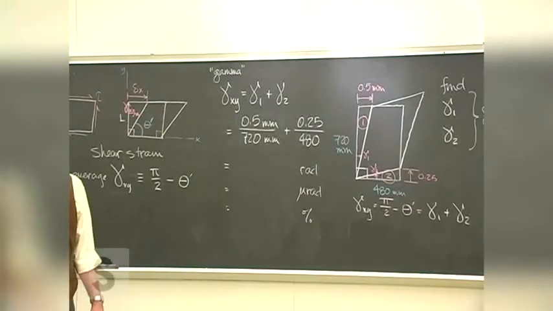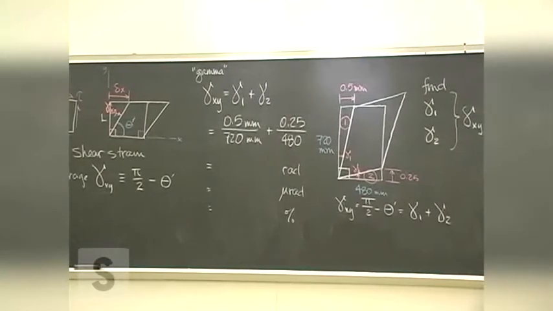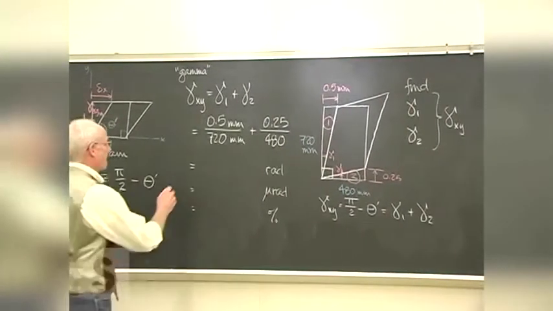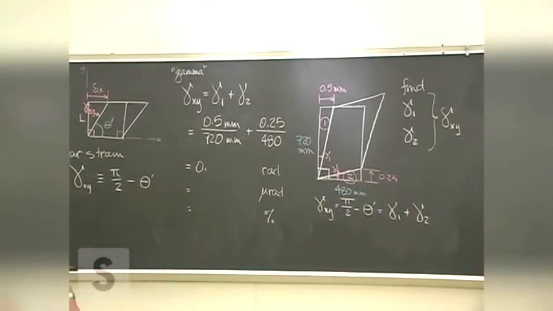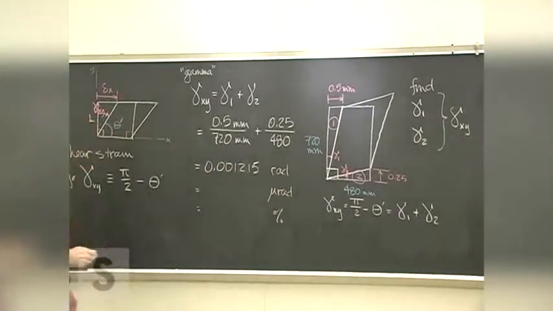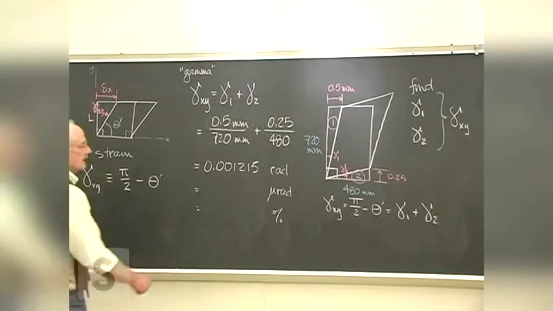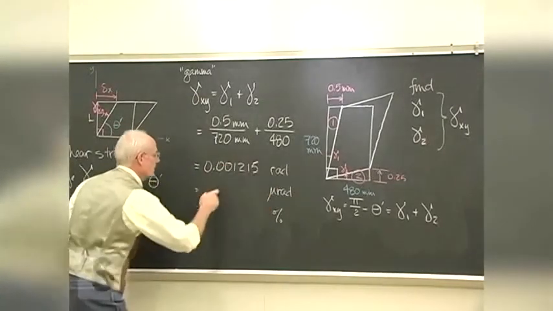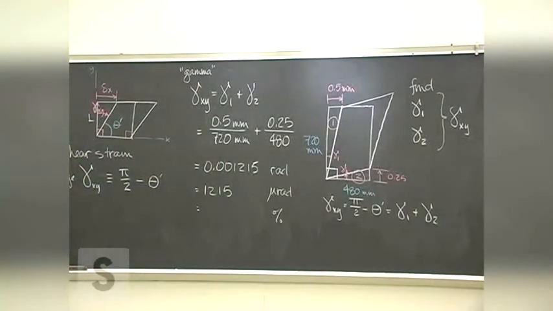How many radians is that? David, you ready? 0.001215. How many microradians is that? That stands for 10 to the minus 6, so move it over 6 places. 1215 microradians.